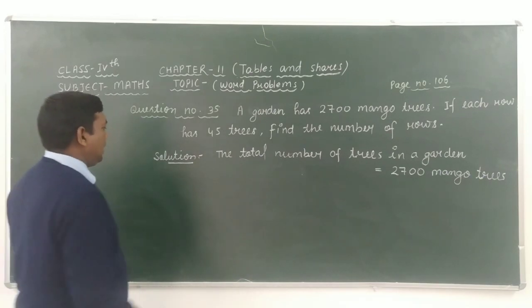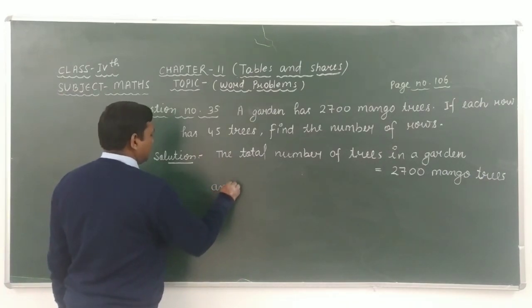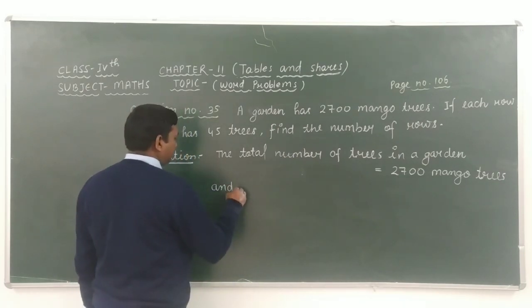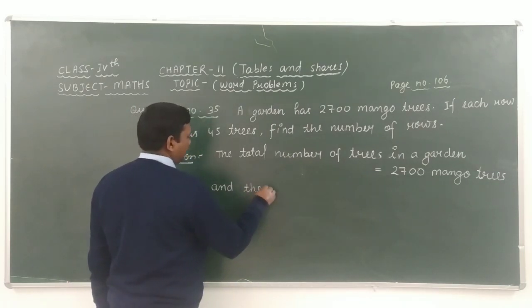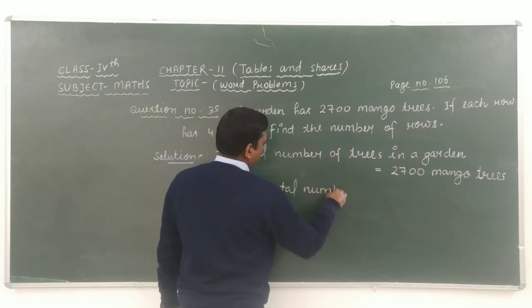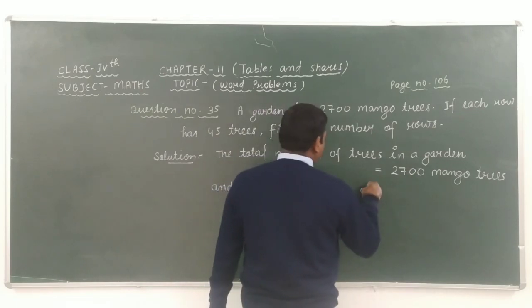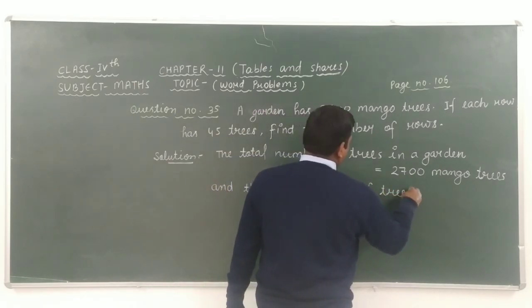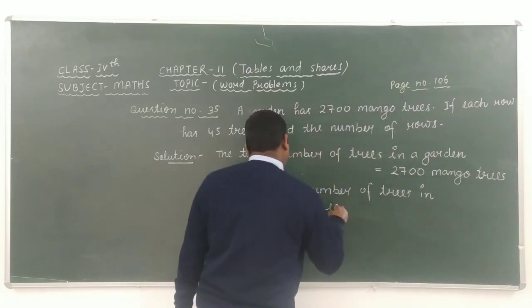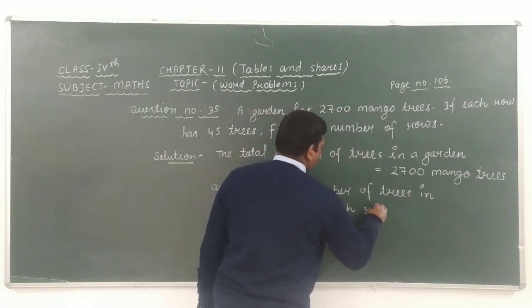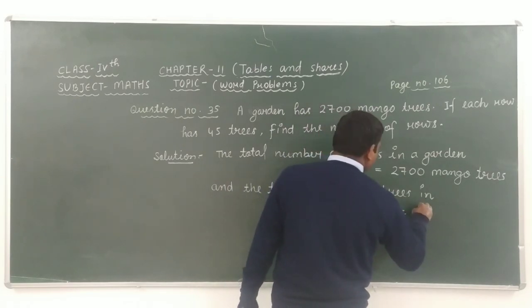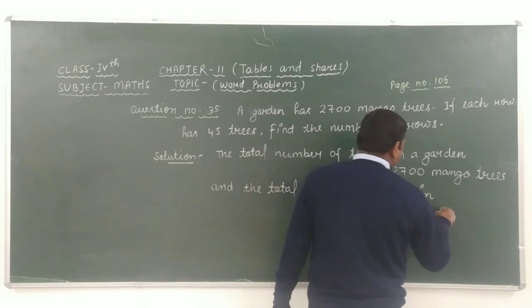Okay students. And the total number of trees in each row is equal to 45 mango trees.